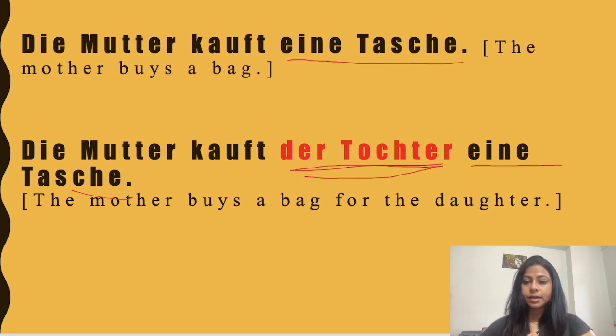You have to understand that if a sentence has two objects, then one object is dative and the other object is accusative. In the second sentence, the dative object is der Tochter. So the mother buys a bag for whom? The daughter, der Tochter.